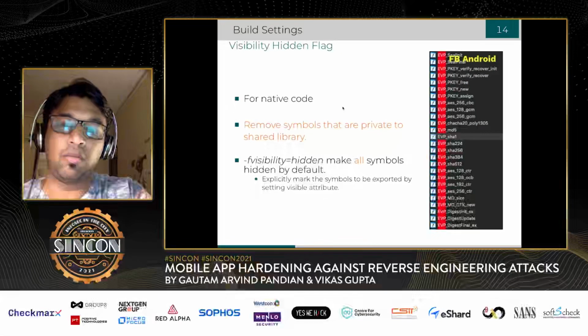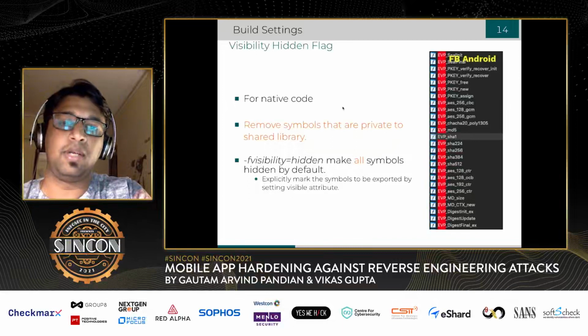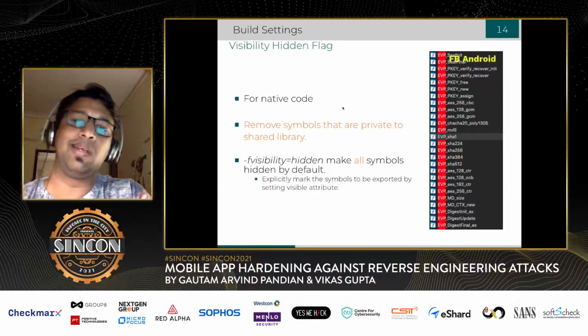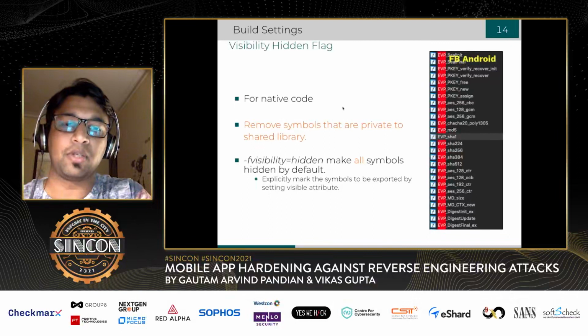And how to remove them? You can set a simple compiler flag, -fvisibility=hidden, and it will make all the symbols hidden by default. Now, with all the symbols hidden, it affects the symbols which genuinely need to be exported for proper functioning.